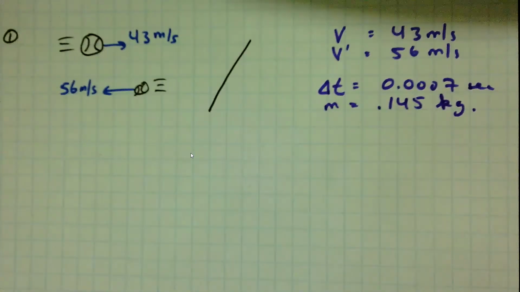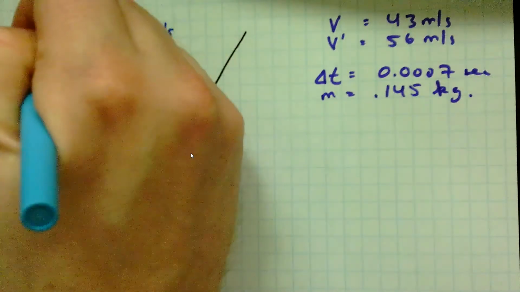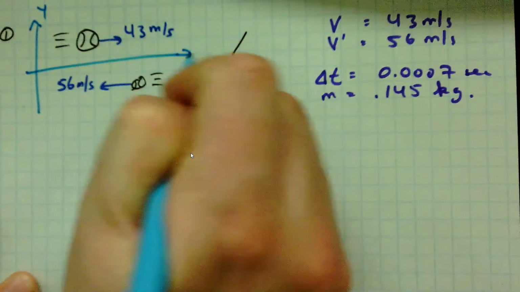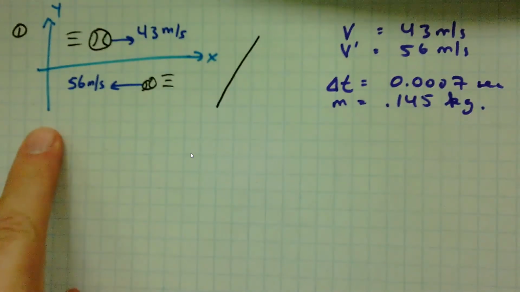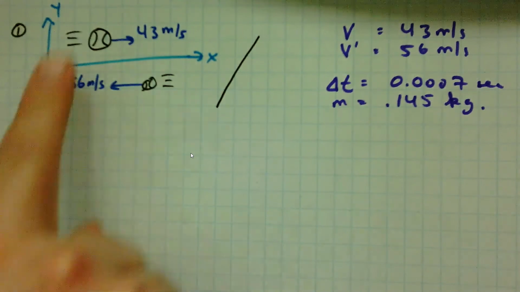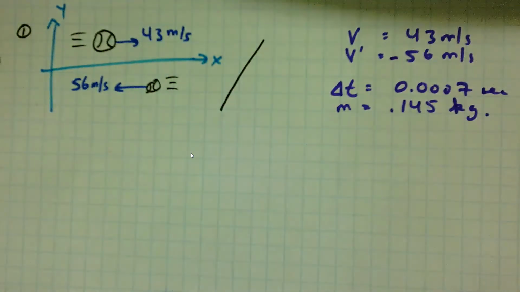I have one picky but important thing that I don't like here. Depending on how you drew your diagram, the way I did it, I've got the initial going forward, the final going backwards.